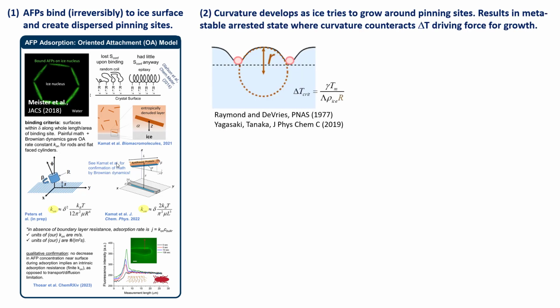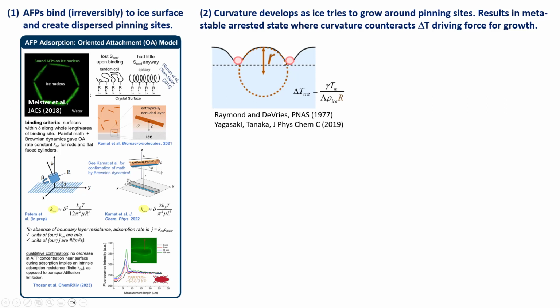Second key ingredient is that as the ice tries to grow around an adsorbed antifreeze protein, and the ice bulges up around it, that curvature counteracts an outward driving force for the ice to grow into the surrounding aqueous phase. So you've got these pinning sites shown here in red and this bulging ice surface.